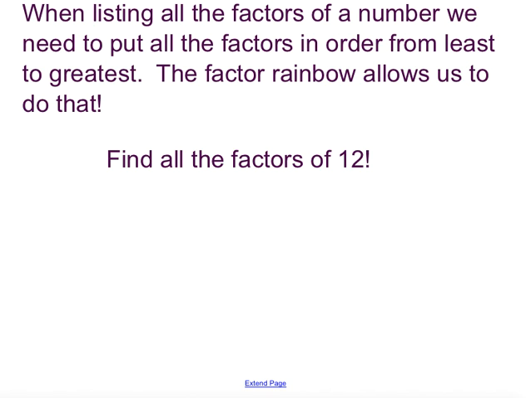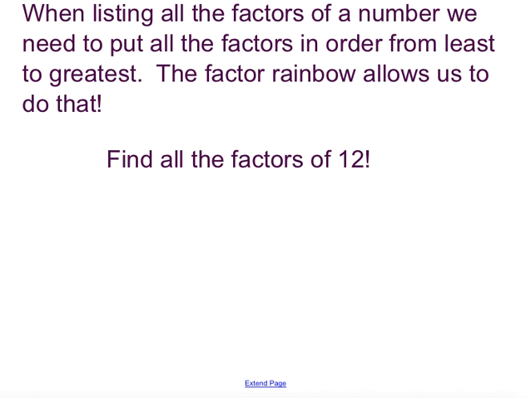All right, so when listing all the factors of a number, we need to put all the factors in order from least to greatest. And we have a little way to remember that, and we call it the factor rainbow. That allows us to put all the factors in order from least to greatest. So I'm going to show you how we use the factor rainbow. It says find all the factors of 12.